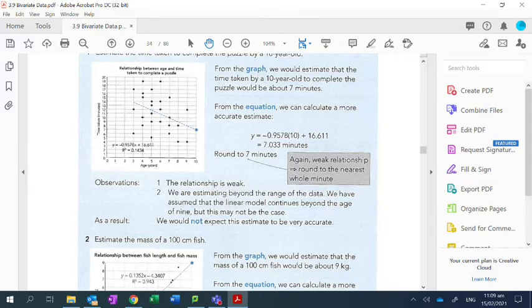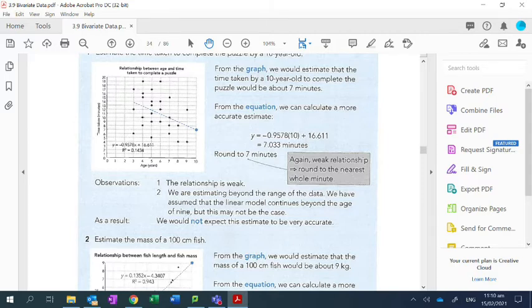Yes? Now, if it's time, does time always go beyond? Yes. But if you're talking about subjects in a study, does it mean there was a 20-year-old in your study? Maybe not. So you need to make sure that you recognize that fact. So, in other words, all the children in this study could have been only up to 9 years old. There may not have been a 10-year-old. But if there was, then this is what our data would tell us.